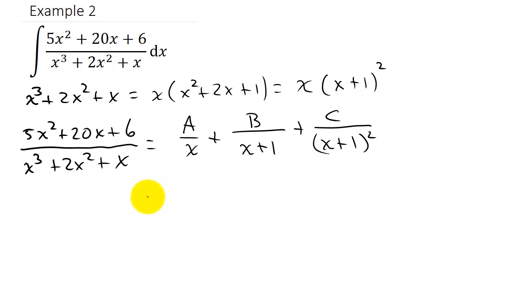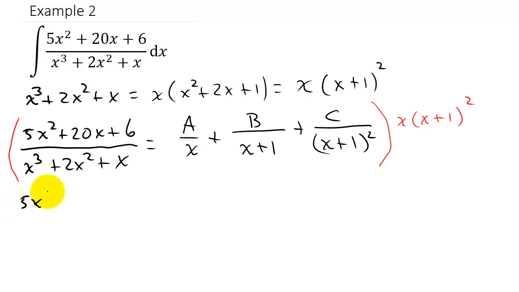Alright, so now what I need to do is multiply everything through by the common denominator. And in this case, the common denominator is x times x plus 1 squared. So when I multiply the common denominator to this term, that just cancels out this whole denominator.